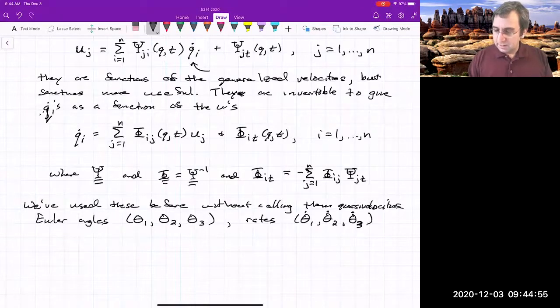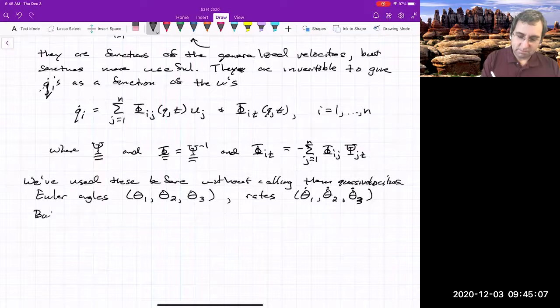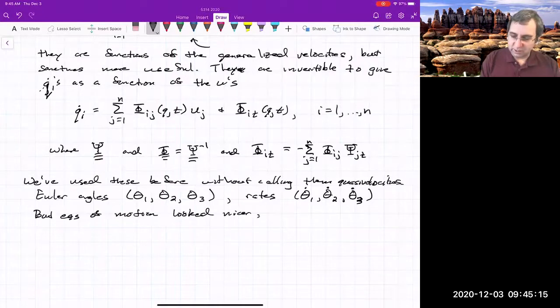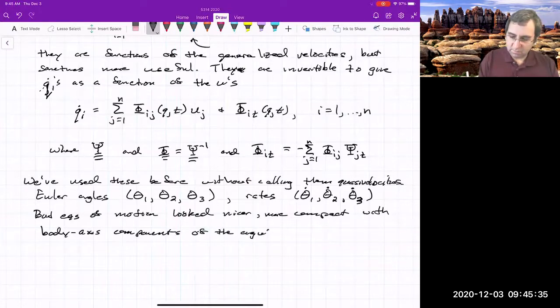But to write the dynamics, it was always easier to write things in terms of body axis components of the angular velocity. So the equations of motion looked nicer. In fact, they were just more compact. There were fewer of them with the body fixed, or let's just say body axis components of the angular velocity vector.